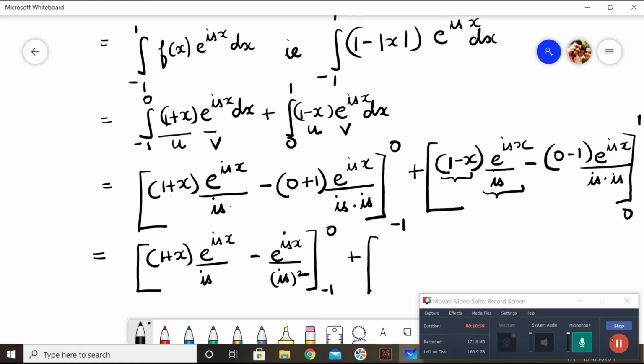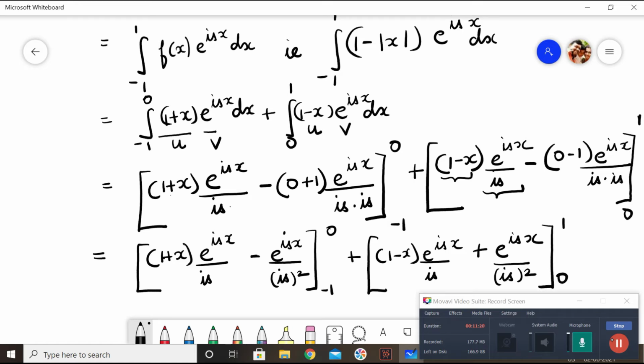Plus 1 minus x, e to the power isx by is, minus into minus becomes plus e to the power isx by is the whole square. The limit is 0 to 1.